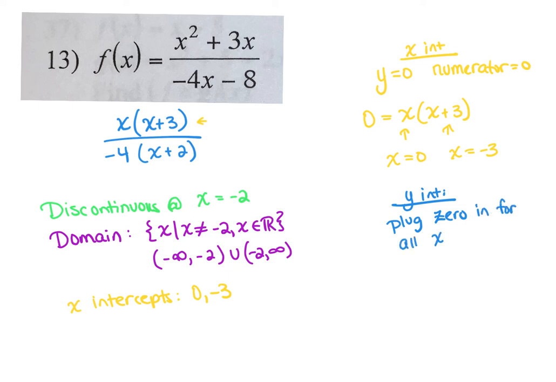So I would go to the original equation and I would say, well, 0 squared plus 3 times 0 over -4 times 0 minus 8. On the top, I get 0 plus 0. On the bottom, I get -8. 0 divided by -8 is just 0. So my y-intercept here would be at 0.